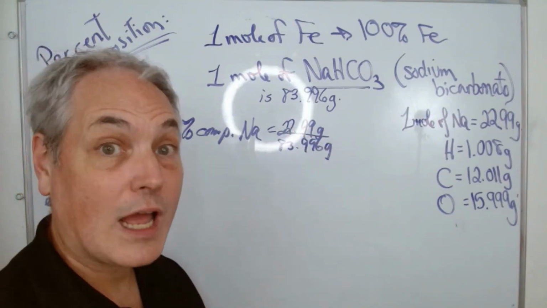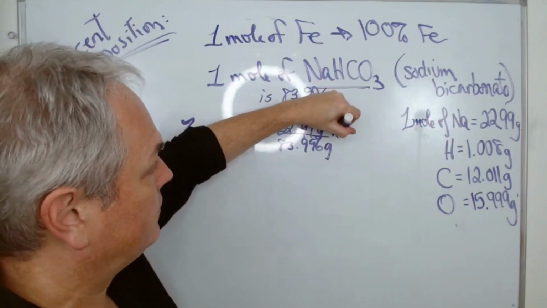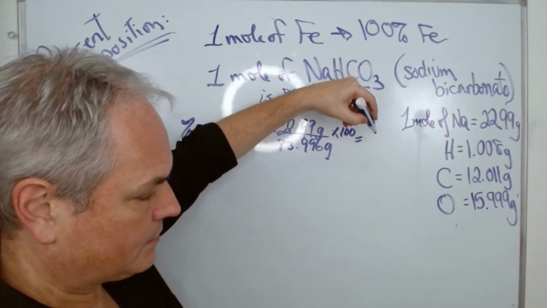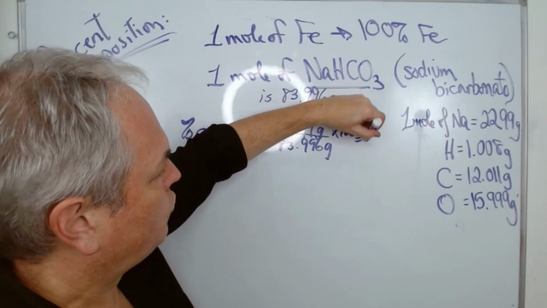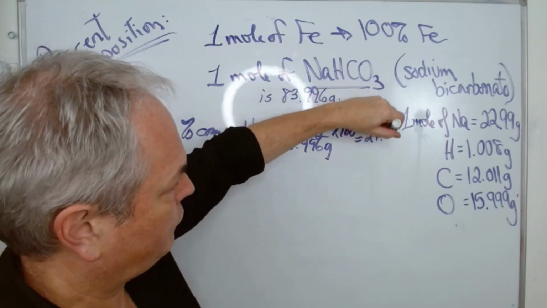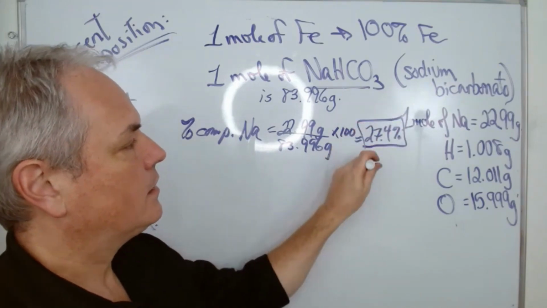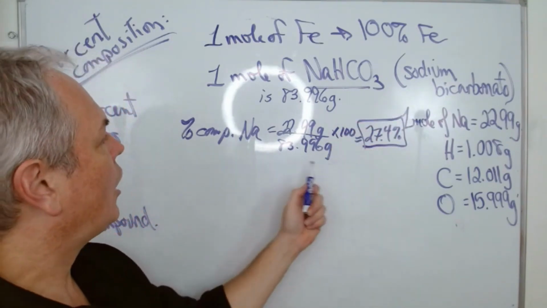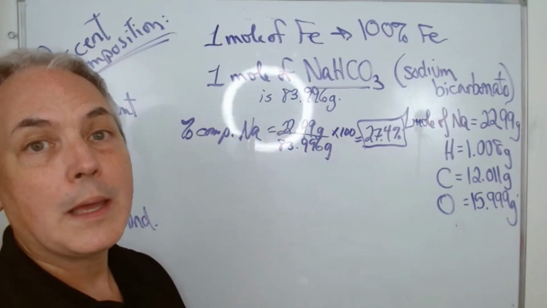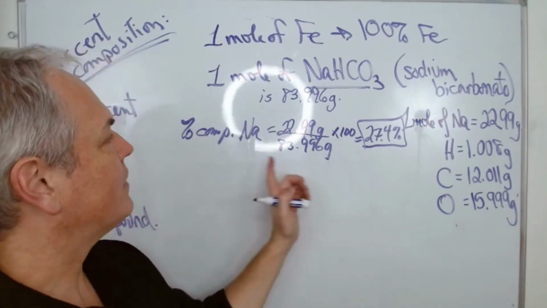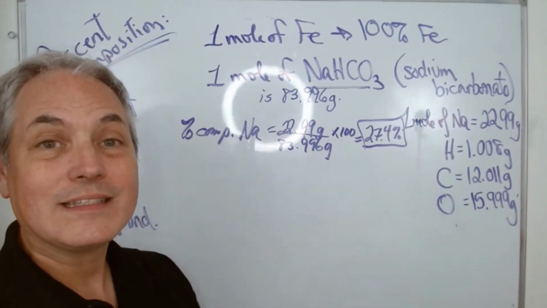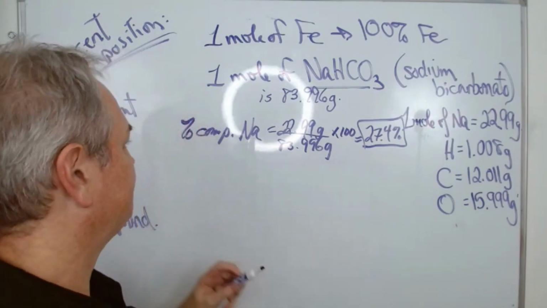Because it's a percentage, I multiply by 100, and this gives me 27.4%. So this is the percent composition of sodium in sodium bicarbonate. Let's write the equations for the other elements, and then we'll chat in a moment.